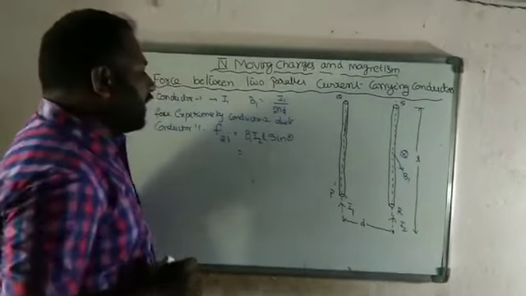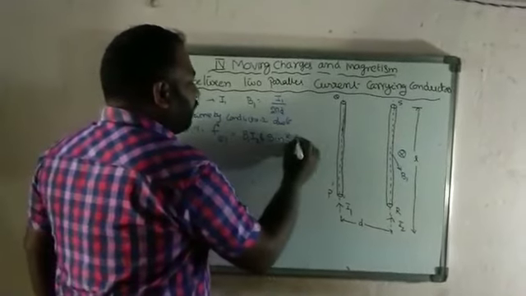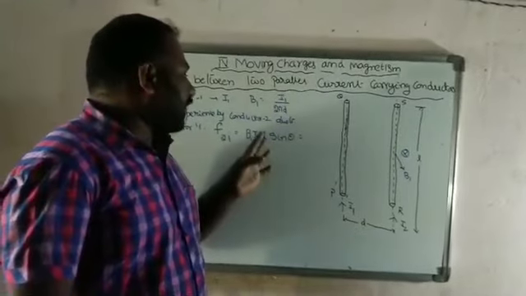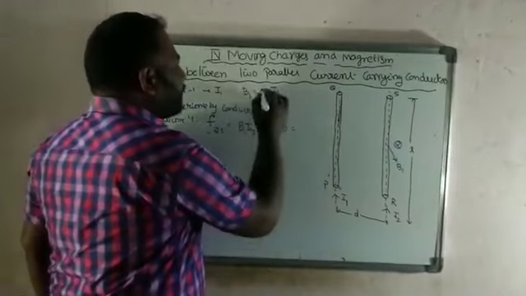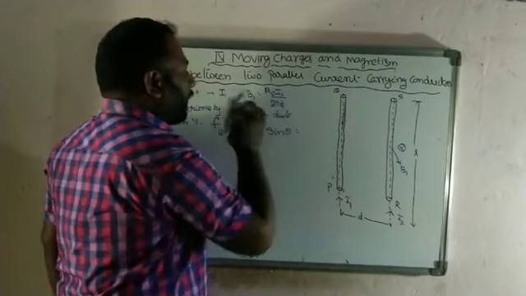Here B1 is equal to mu naught I1 by 2 pi d.